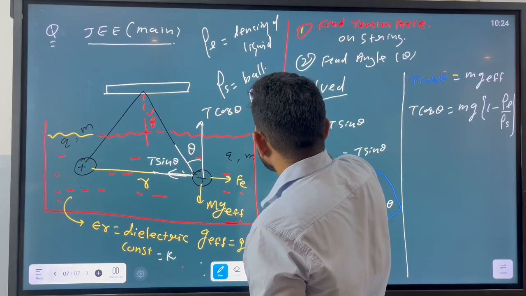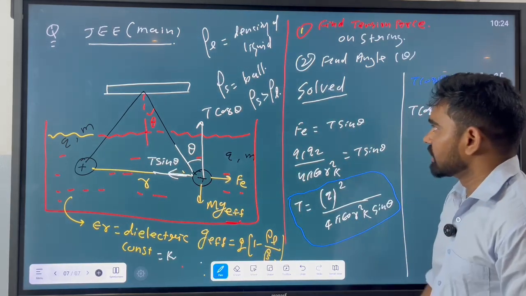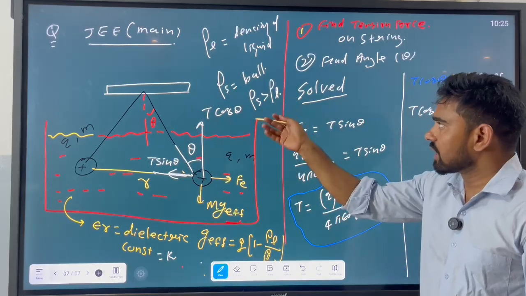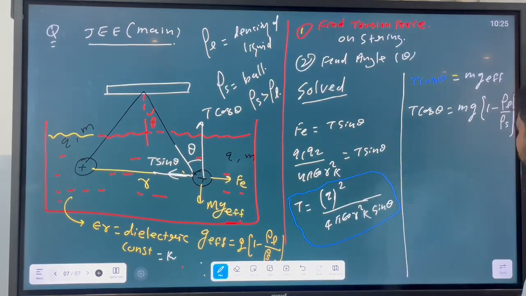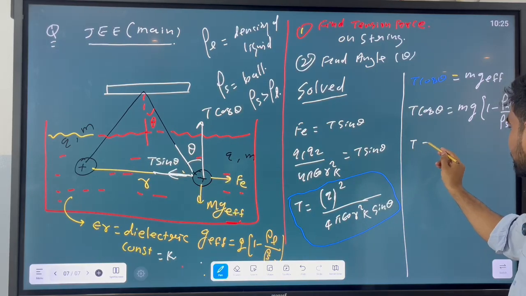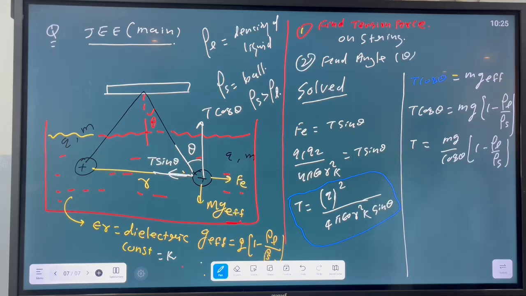And rho S is greater than rho L, meaning the density of the solid is greater than the density of the liquid. This is a general concept, no special logic here. So the tension force T equals mg divided by cos theta times (1 minus rho L divided by rho S). This is the value of the tension force.